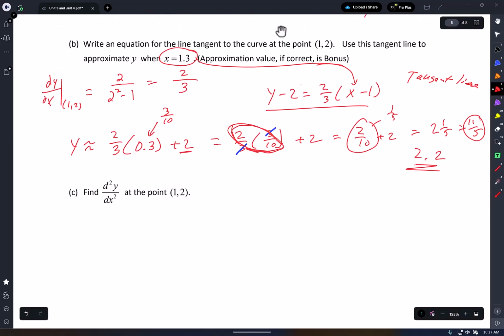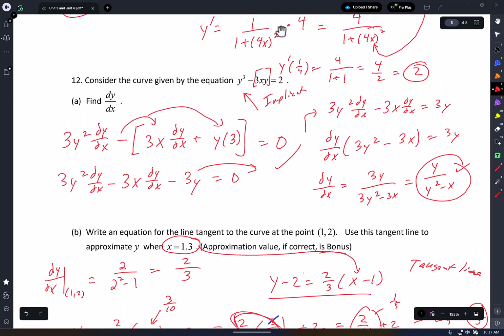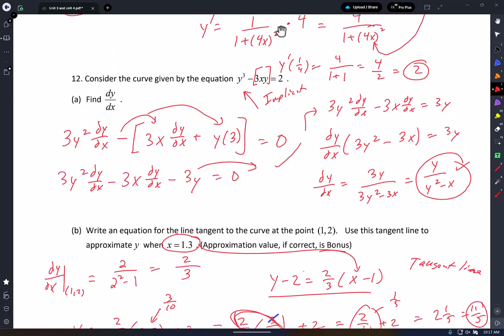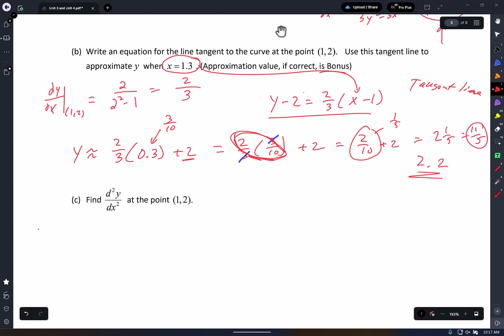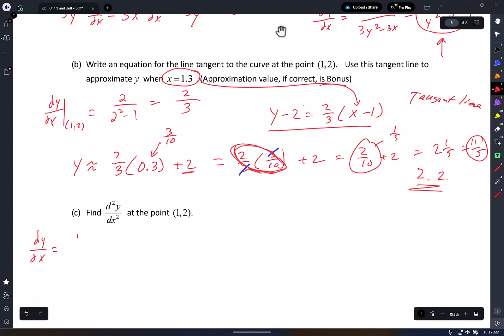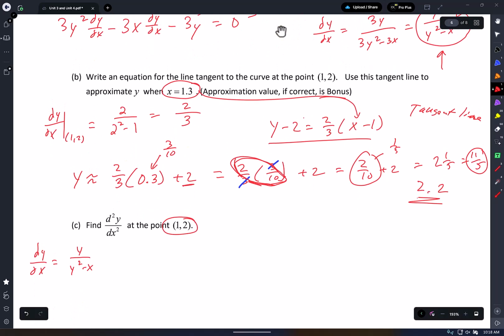All right, second derivative. Okay, so second derivative, I'm going to take a derivative of that guy. So let me write it first. dy/dx equals y over y squared minus x. And they want it at 1, 2. Remember, guys, I already got my slope at 1, 2, or the value of dy/dx at 1, 2.